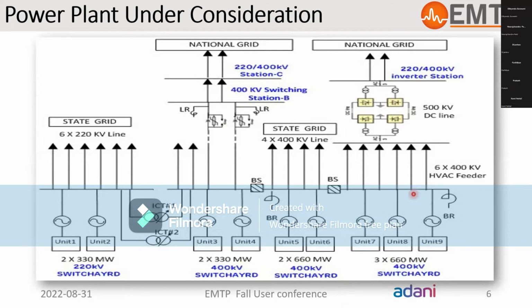Now, the ferroresonance phenomenon for the VT was experienced mainly in the 660 megawatt, in 4 different units. It has not been experienced in the 330 megawatt because the VT is not installed in the particular configuration that we will see later.